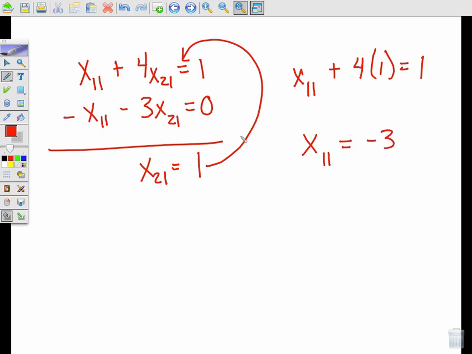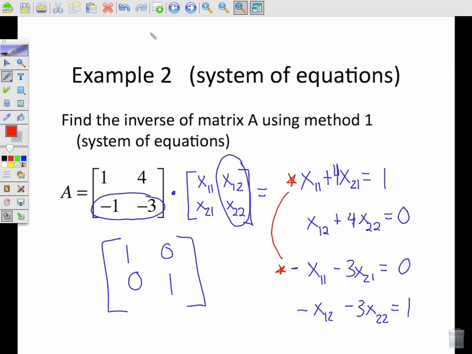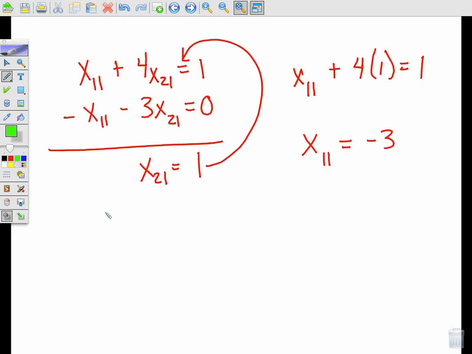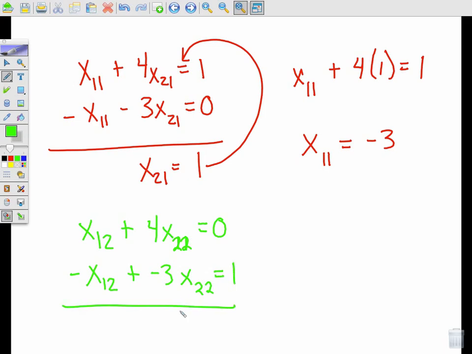So we've got 2 parts to our matrix. Let's go ahead and solve the other system. For my other system, I would use these 2 equations. It looks like this: x12 plus 4x22 equals 0, and negative x12 plus negative 3x22 has to equal 1.